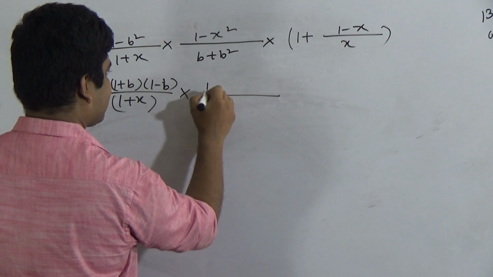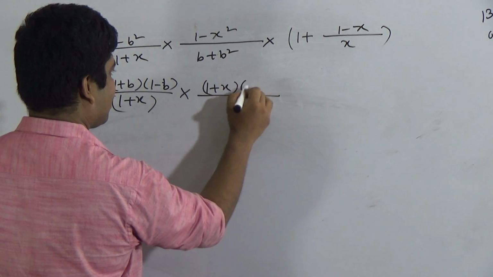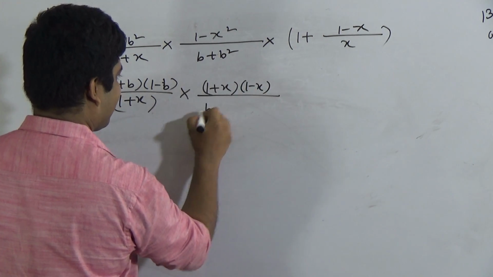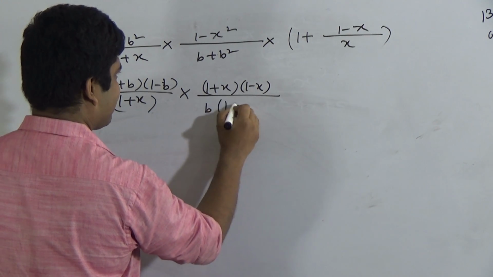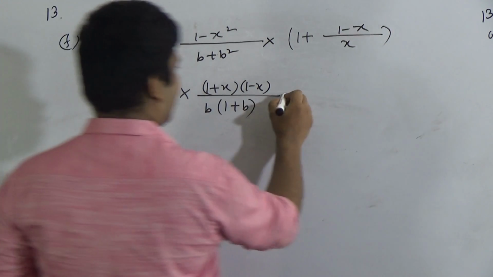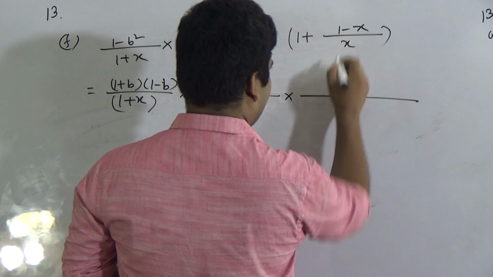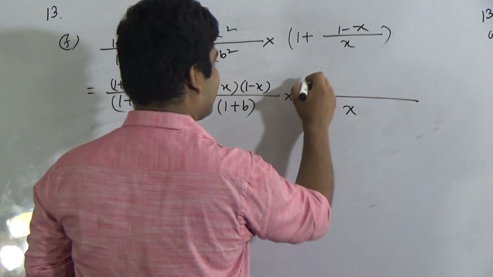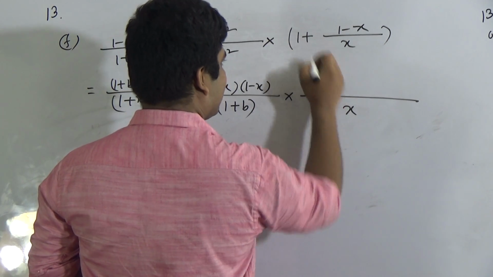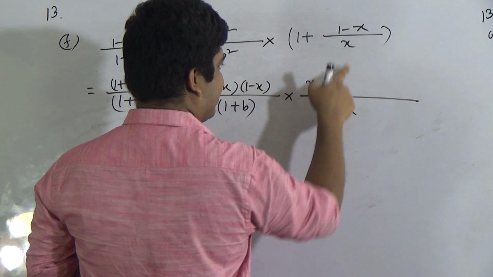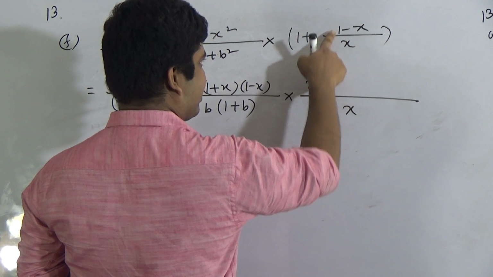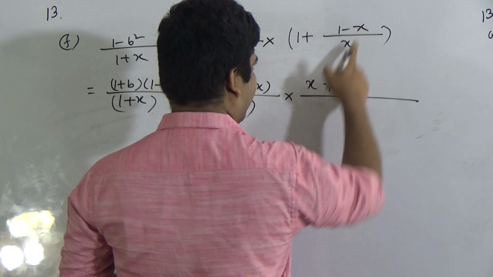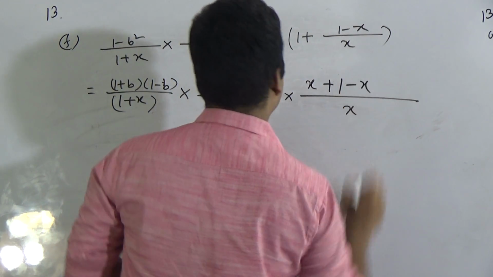This can be written as 1 plus x and 1 minus x. b common and left 1 plus b. Here multiply sign, x is the LCM, so here we divide x by 1 and we get x. x ones are x. Plus sign is here, we divide x by x, we get 1, so 1 is multiplied with 1 and it will be 1. 1 is multiplied with x, then it will be minus x.